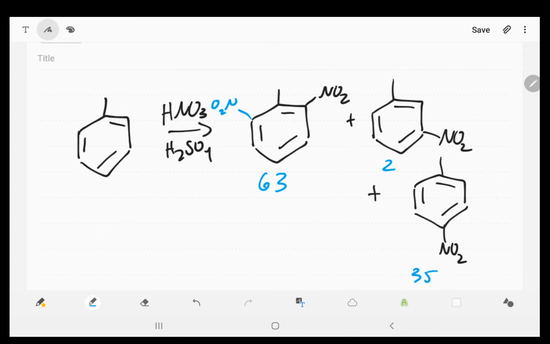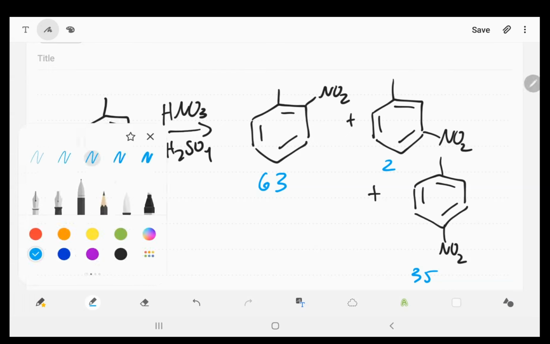It's symmetrically identical, so that's why this one is going to be higher in this case. So with methyl groups, it's harder to say if you're going to get ortho or para, but we're going to see that just don't use methyl as a directing group, and you'll pretty much always get para as your dominant position for attack.